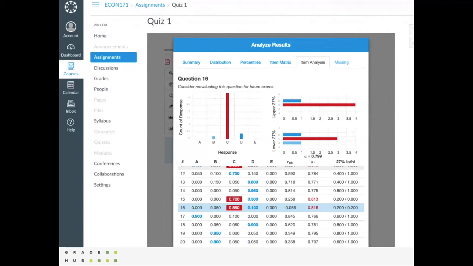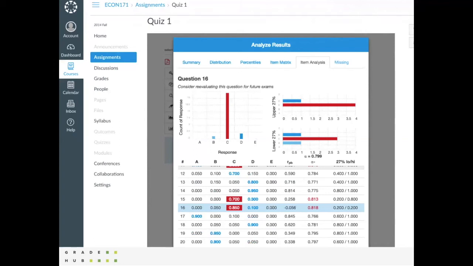Where you can see the problem is in the correlation numbers. So the point-biserial is negative. And you can also visually see what's going on when you look at the upper 25%. You can see that most of those students are answering C as well. And that's not the pattern that you want.